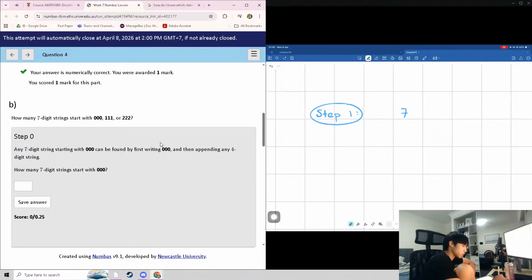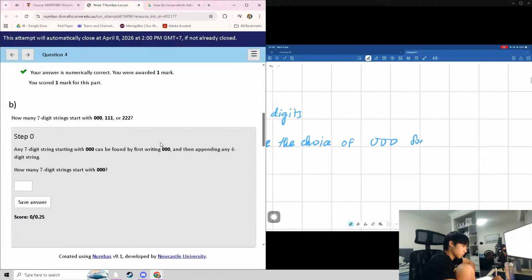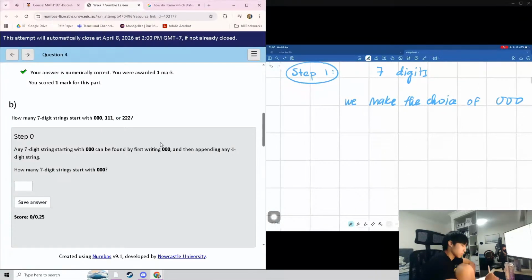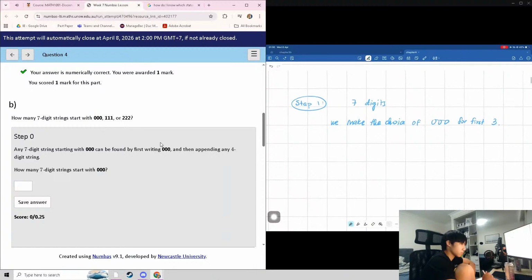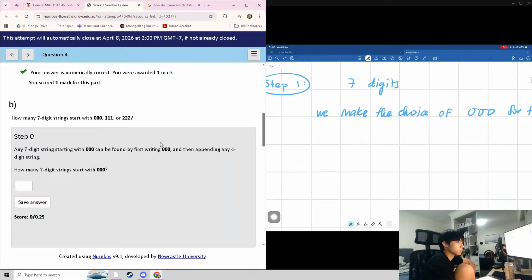So 7 digits. We make the choice of 000 for the first 3. I actually don't know.